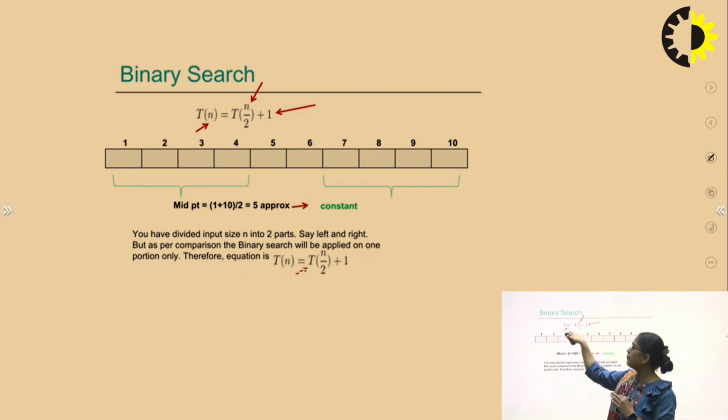If the complete complexity is T(n), then after dividing by 2 it becomes T(n/2). All arithmetic operations like addition, subtraction, multiplication and division take constant time, so the dividing operation in binary search takes constant time 1. So the complexity of binary search is T(n) = T(n/2) + 1.